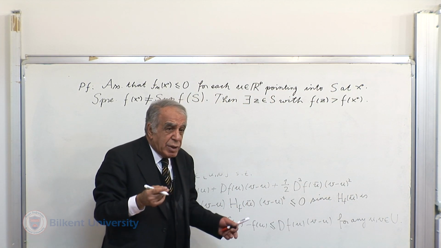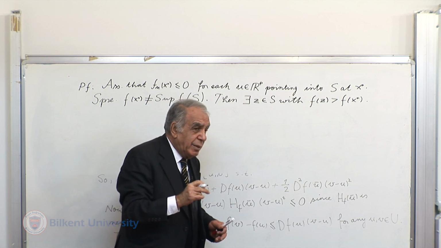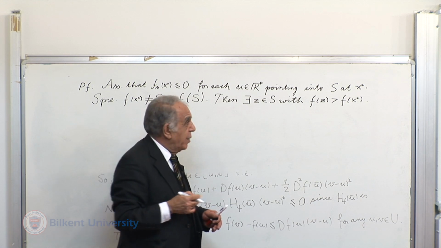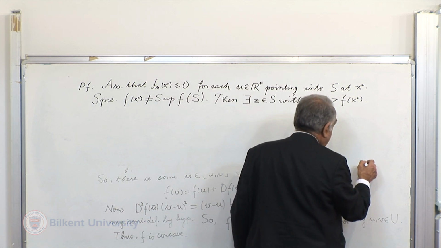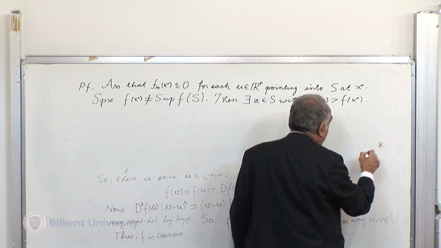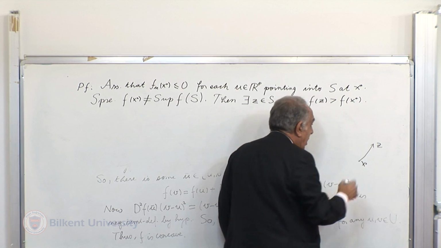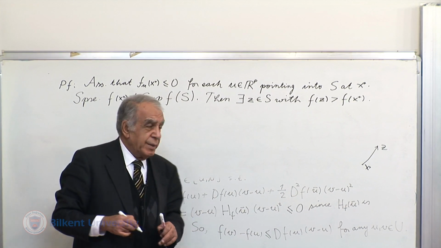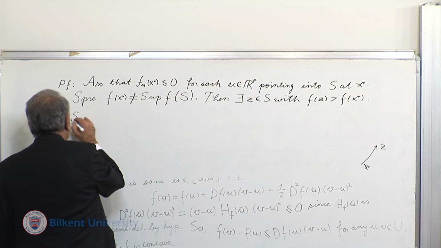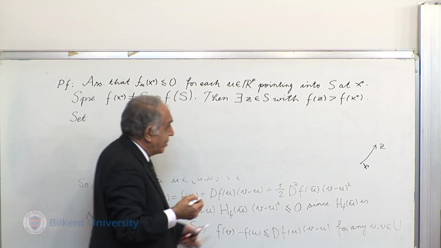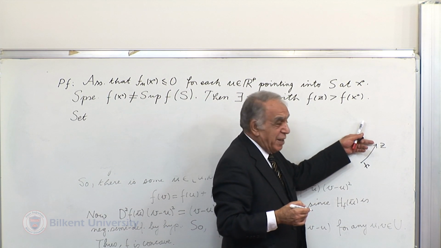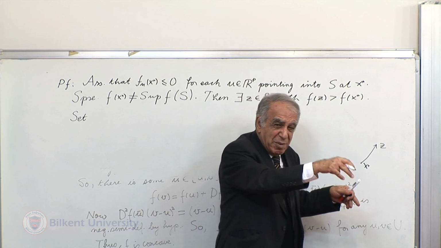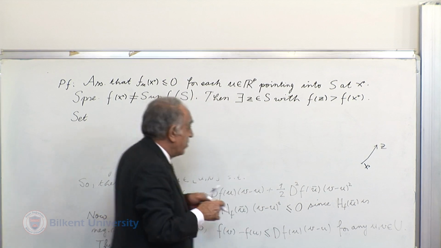Well, then the most natural thing to do is to check what happens when you go away from x star but towards z in S. Since here you're at a higher point, it cannot be the case that you will be going downwards all the time.